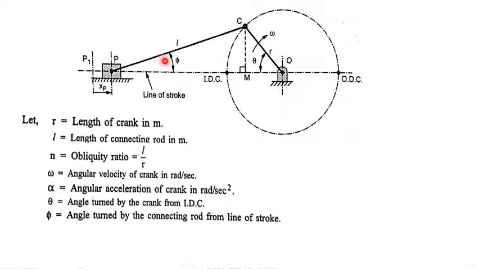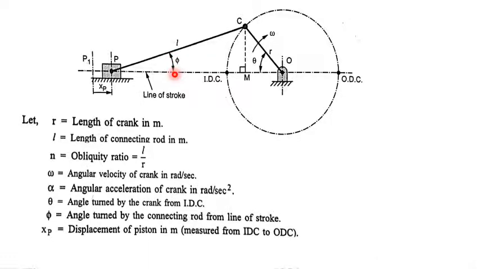Next, phi. This is the angle phi. Here phi represents the angle turned by the connecting rod from the line of stroke. This is the line of stroke. When the connecting rod turns from this line of stroke, we obtain the angle phi. Next, xp, or x suffix p, represents the displacement of the piston.